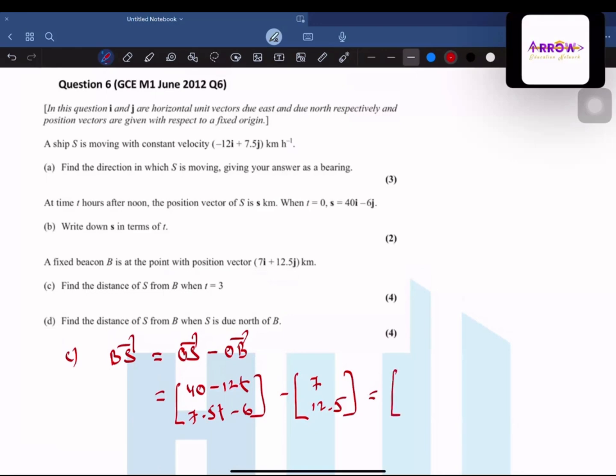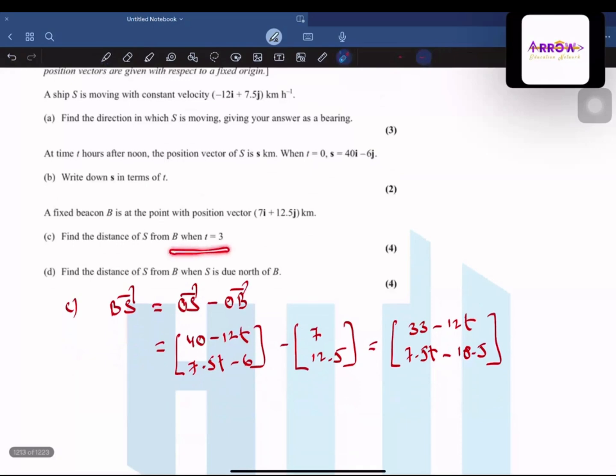So I'm going to find this BS vector in terms of t. 40 minus 12t minus 7, meaning 33 minus 12t is the i component, and then 7.5t minus 6 minus 12.5, this will be 7.5t minus 18.5. So this is basically the BS vector. Now I'm going to substitute t equal to 3 here and obtain the BS vector in the form of i and j, where the i component and j component will both be known.